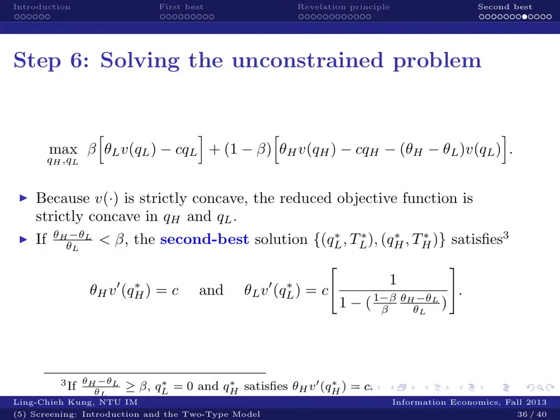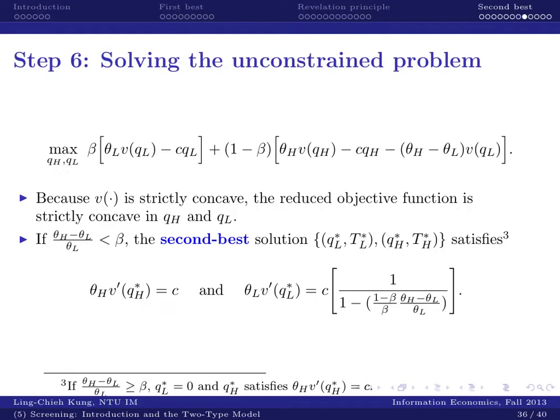Typically, this is true. And then we're going to proceed by assuming that the second best solution is something like this. Okay? Again, because you do not know exactly what V is, all you can do is to have a characterization of QH star and QL star.